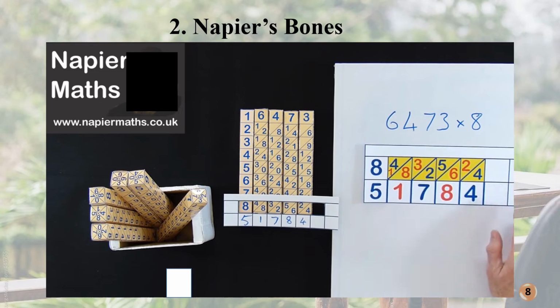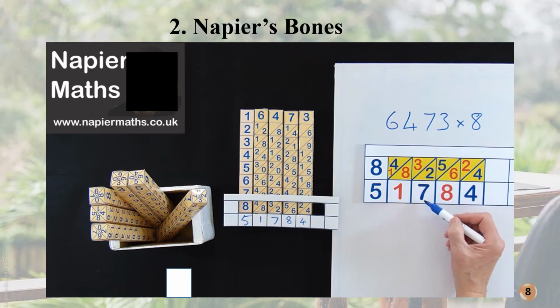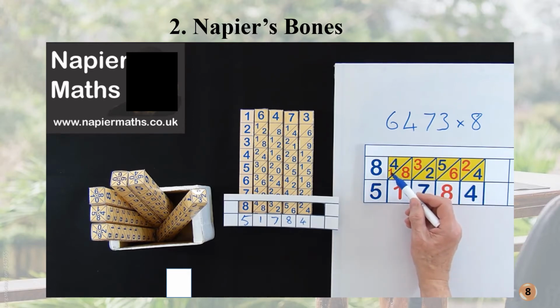I've used different colours so it's easier to see. The 4 there gives you 4. Then the next diagonal, 2 and 6 is 8, 5 and 2 is 7, 3 and 8 is 11, 1, and we carry the 10, so 1 plus 4 is 5, and our final answer, 51,784.